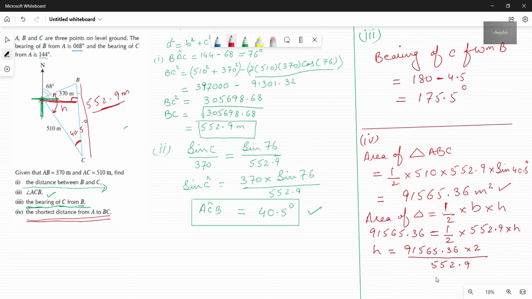Okay, now calculate it. 91565.36 multiplied by 2 divided by 552.9. The answer is 352.92 meters, right? So that was our question, and we have solved all 4 parts which were required here.